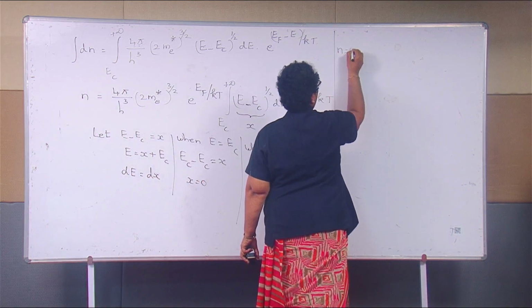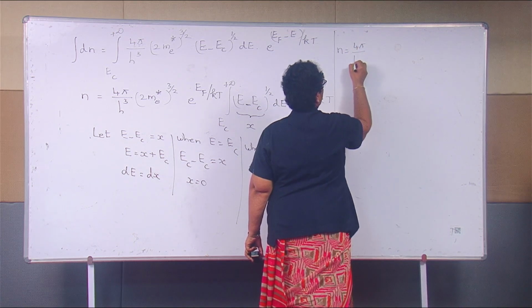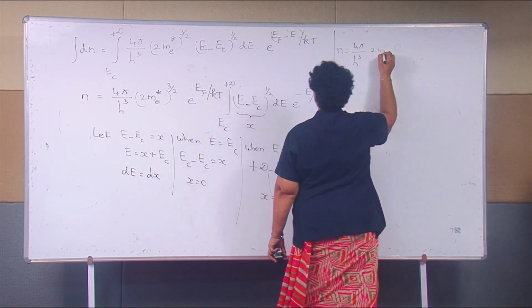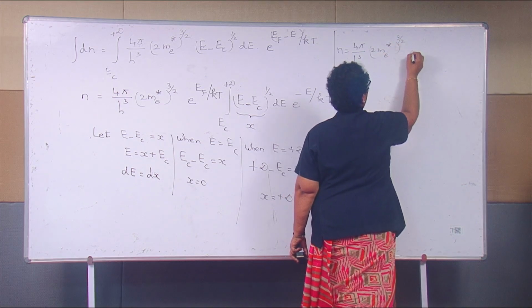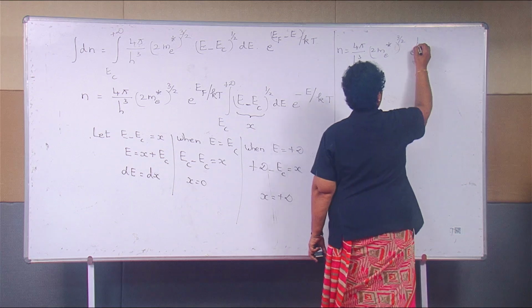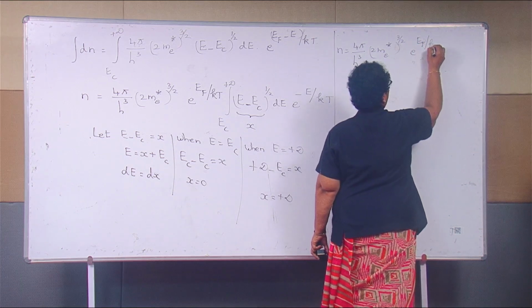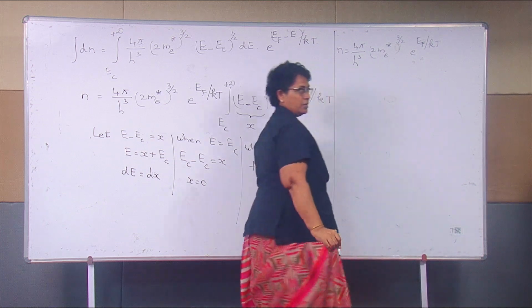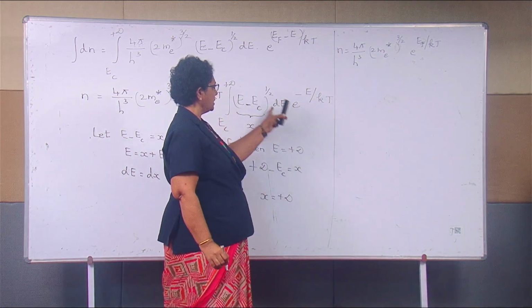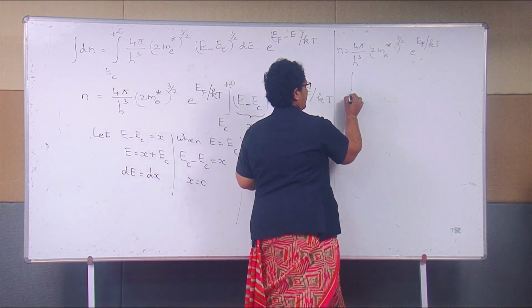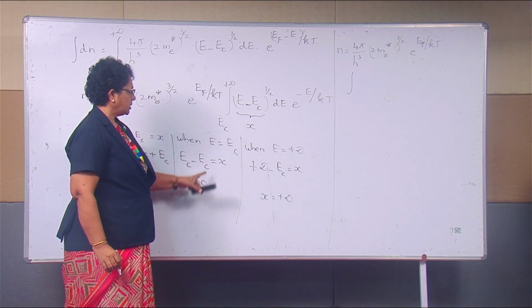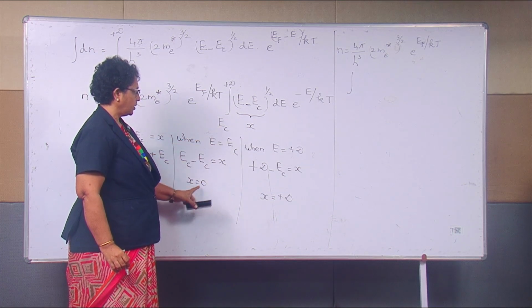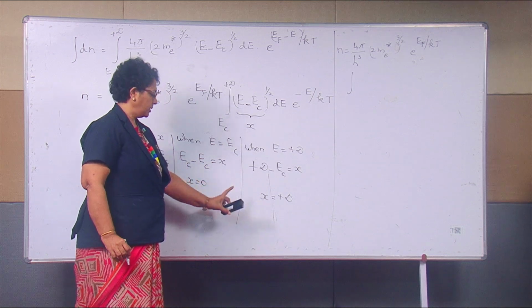So n is equal to 4 pi by h cube 2m e star to the power 3 by 2 e to the power of EF by kT. So you have written everything. Now the substitution starts. Integration, the limit changes as EC becomes as 0 and plus infinity will be retained the same thing.